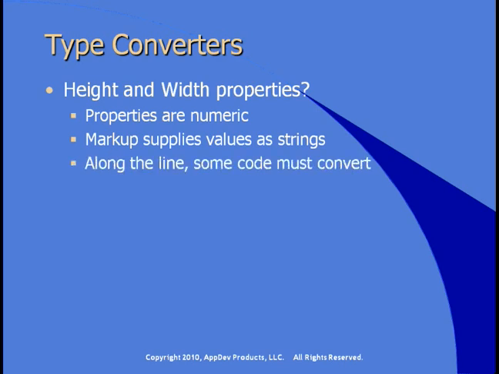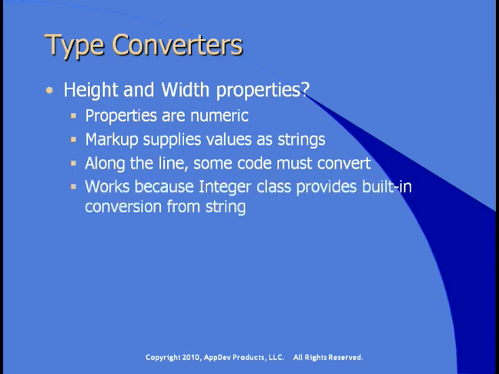Along the line, there has to be some code somewhere that converts those strings into integer values for the height and width properties. And of course, this works because the integer class provides a built-in conversion from string to integer.